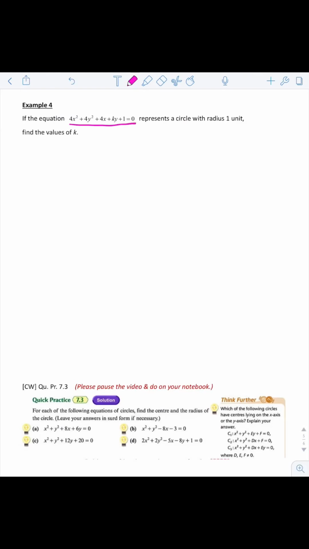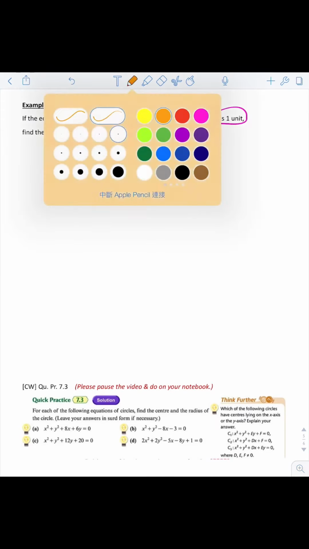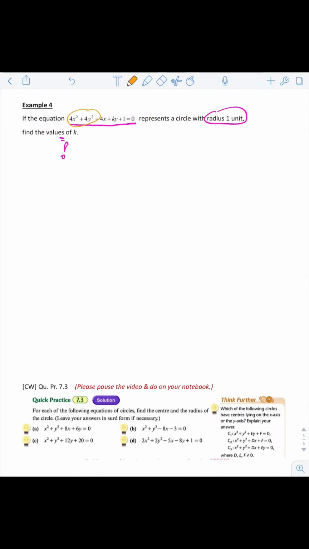Example 4, you are given the equations of circle in general form, and you are given that the radius is 1 unit, and you have to find the values of k. For this case, similarly, first, pay attention to the coefficients of x squared and y squared.